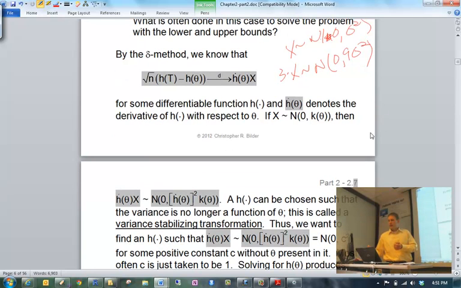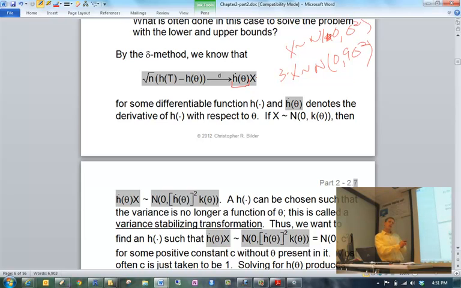So in this particular setting, the h dot of theta is squared, and so h dot of theta times X has a normal distribution with mean 0 and variance h dot of theta squared times k of theta. This is just a regular old delta method result.